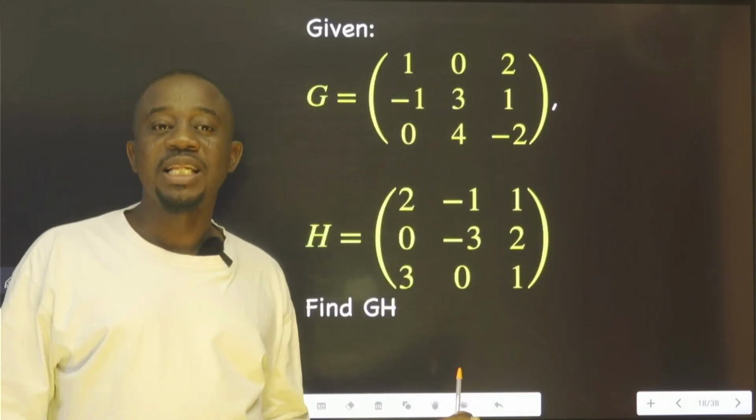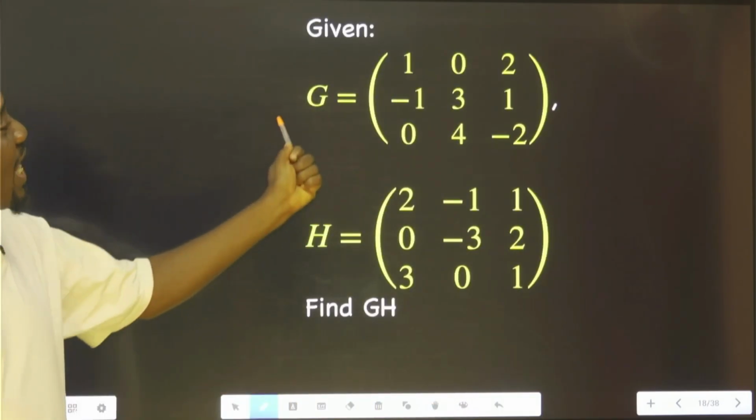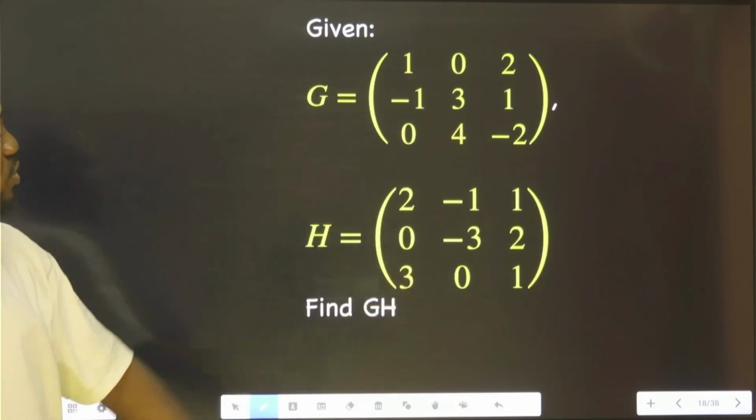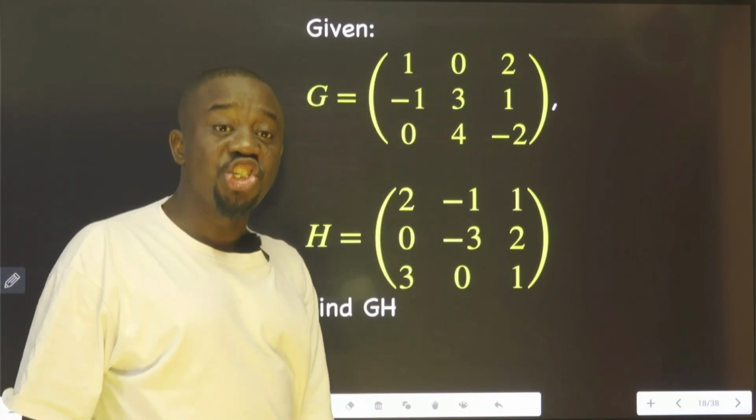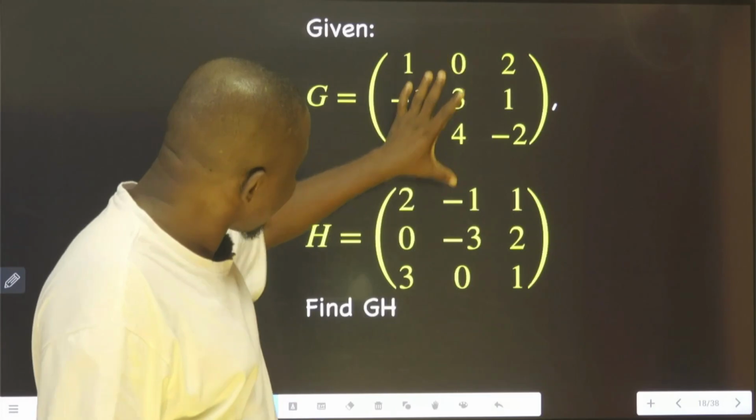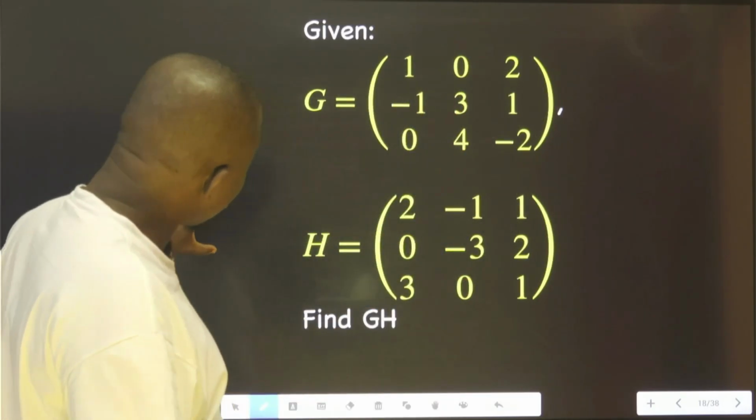Now, let's look at this. It says, given that G is equal to this and H is equal to this, we should find GH. That is, we should multiply this by this. Let's do that.